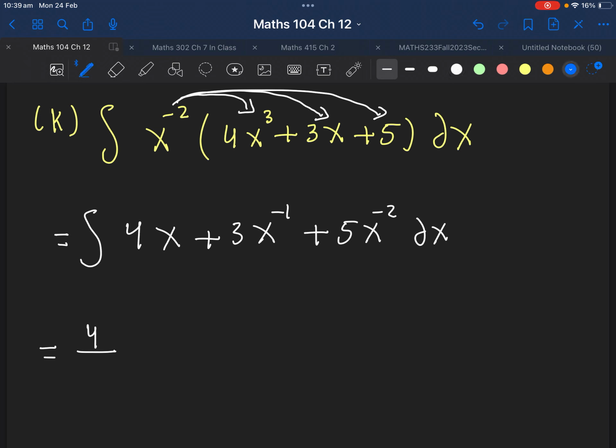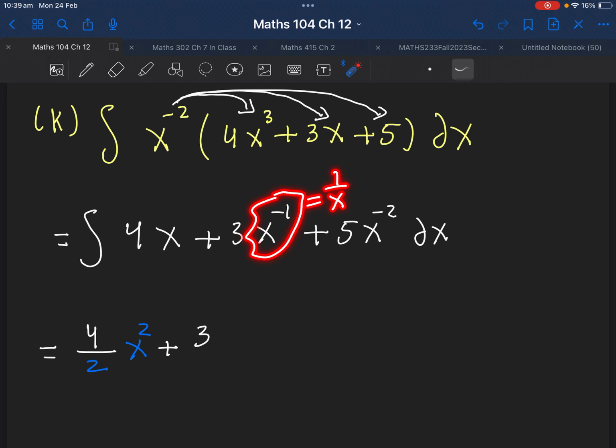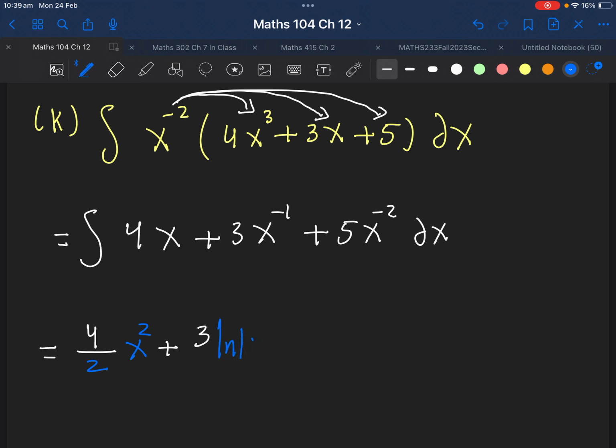Now we just do the final answer. It will be 4x squared divided by 2 plus 3. What is the integral of x negative 1? We know it is like 1 over x, so the answer would be just ln x plus 5 divided by x to the negative 2.